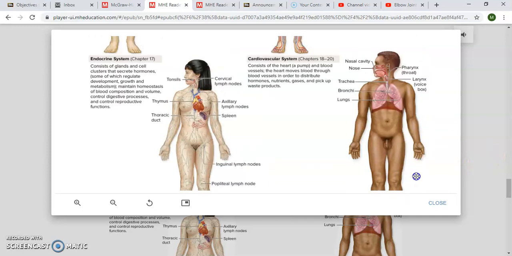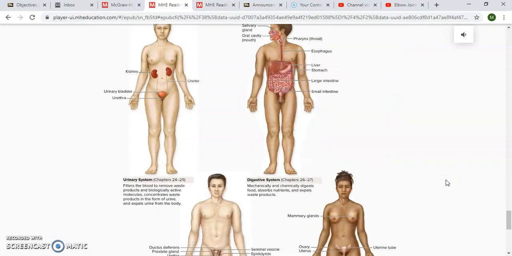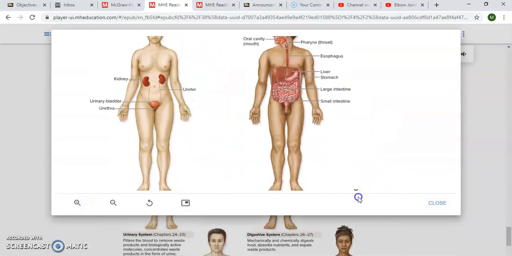All right, and then the next system is the respiratory system, and it's responsible for the exchange of gases. We looked at those slides of the lung tissue. So we get exchange of carbon dioxide and oxygen across the wall of the air sacs, or alveoli. That's the main function of the respiratory system, to move those gases between the blood and the air sacs in the lungs. All right, and then the next system is our urinary system.